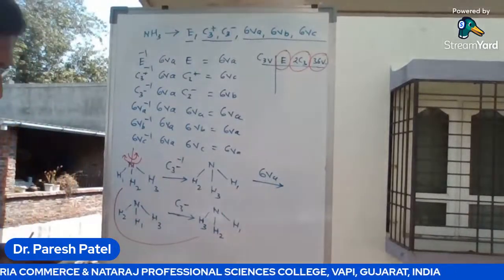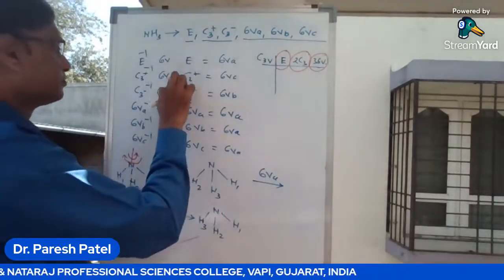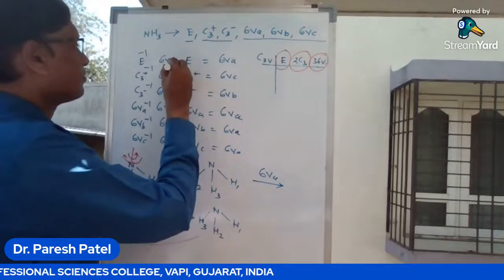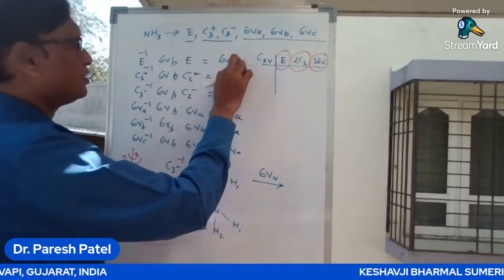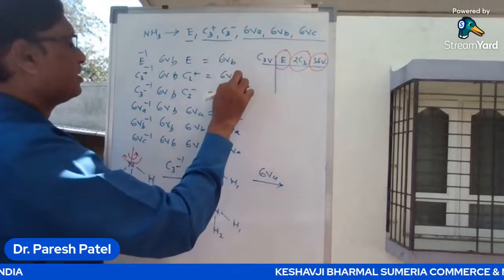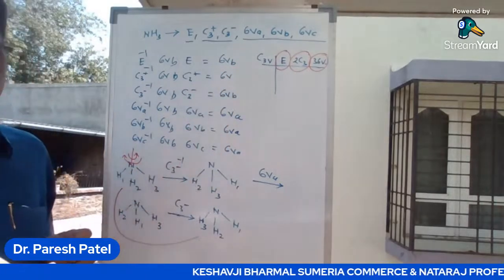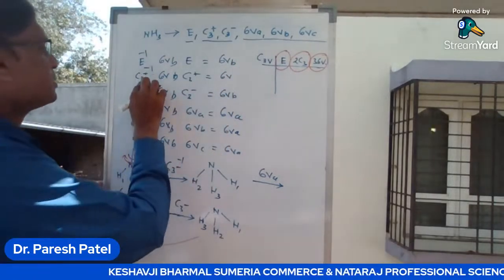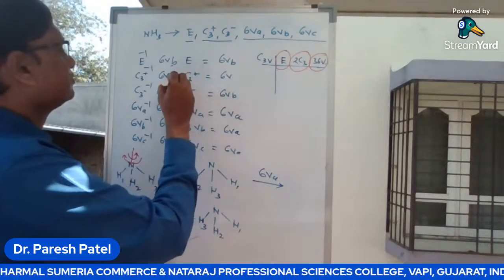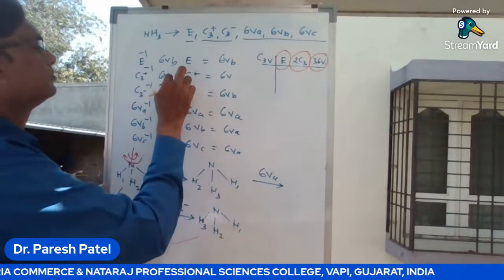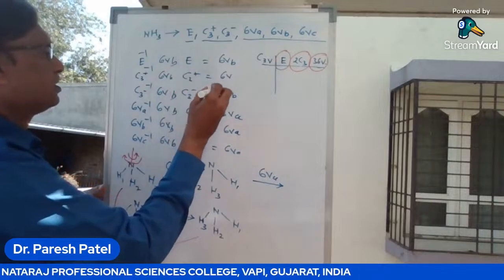Similarly, if you go for sigma VB, C3 plus inverse sigma VB C3 plus.